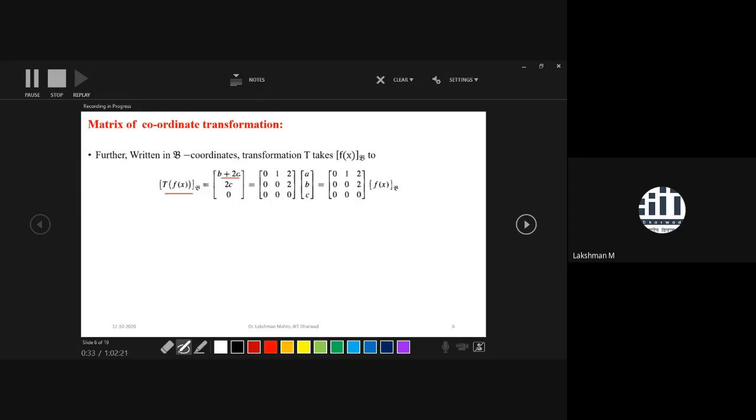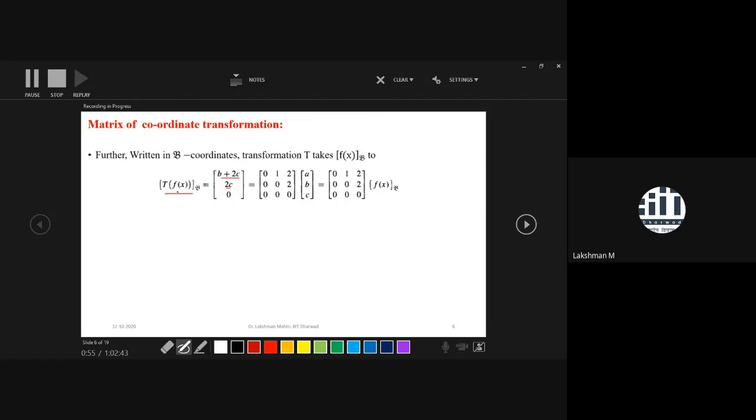So here b plus 2c means you are multiplying the row 0 1 2 with a, b, c, then you are getting b plus 2c. When you are multiplying the row 0 0 2 with a, b, c, then you are getting 2c. And in the last component, how will you get it? When you are multiplying the 0 row with a, b, c, then you are getting 0.